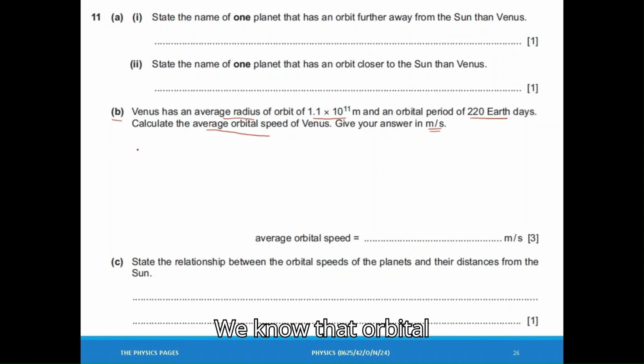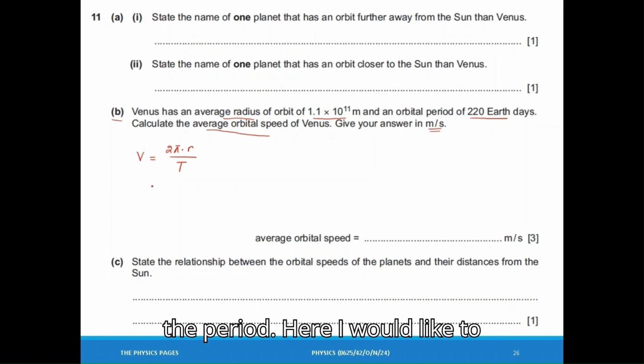We know that the orbital speed of a planet is denoted by v, which is equal to 2 pi times r, where r represents the average radius of the orbit, divided by t, where t represents the period. Here, I would like to mention that the speed is measured in meters per second, which is required in the question.